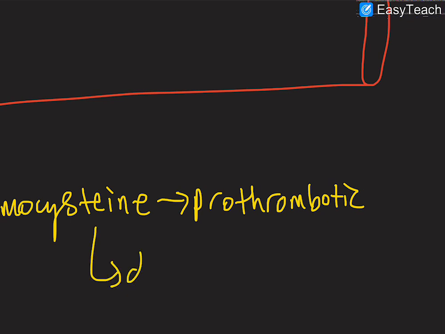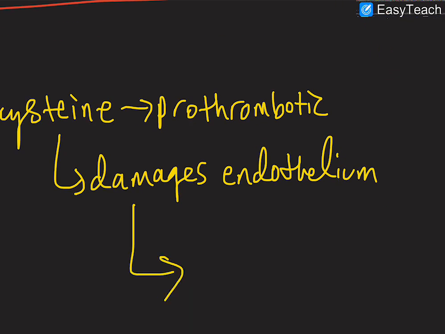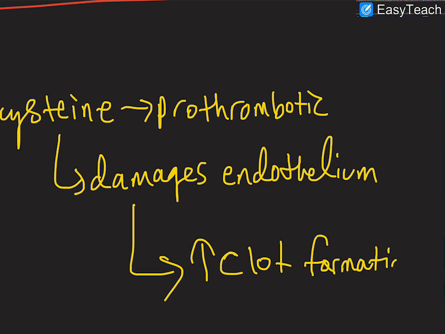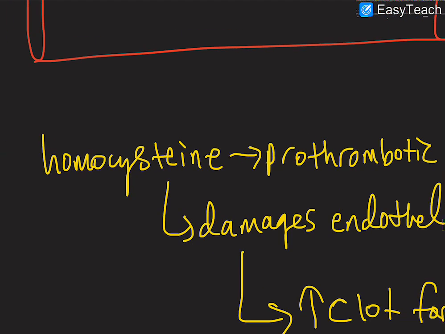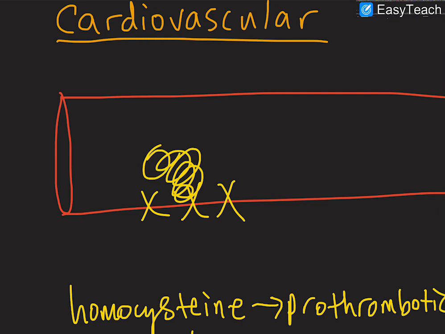And we know anything that damages your endothelium can lead to the expression of tissue factor, for example, and in general lead to coagulation, clots forming. So if homocysteine is damaging the endothelium, you can get clot formation.